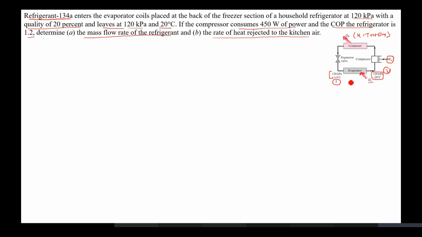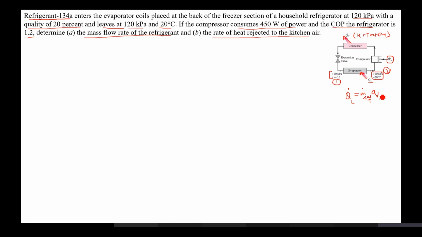All right. So you have to determine the mass flow rate of the refrigerant. Now I'll give you a hint. Q dot L, that is the rate at which heat is absorbed in the evaporator, is essentially equivalent to the mass flow rate of the refrigerant multiplied by QL.